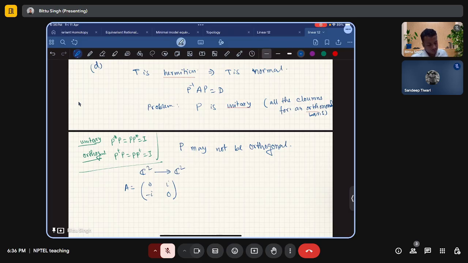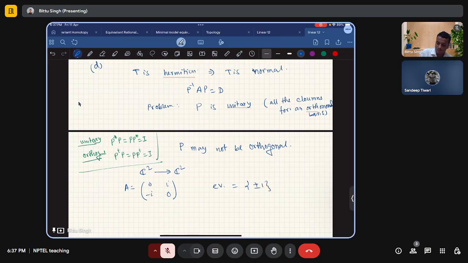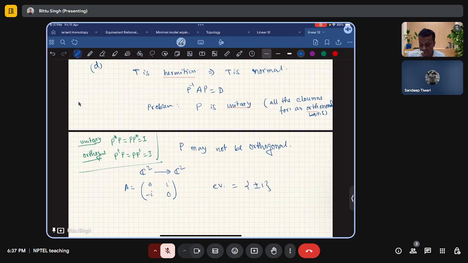If A is chosen as this matrix, you can see that the eigenvalues are plus minus 1.